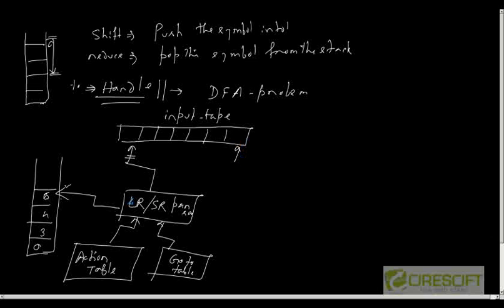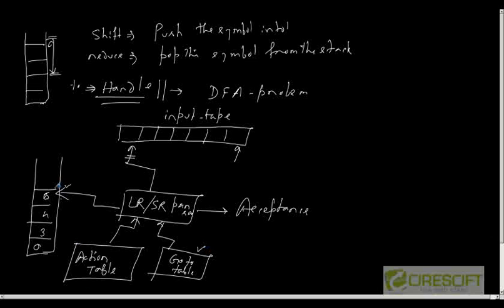It terminates and accepts the input string when the stack contains only the starting non-terminal S. Then only it generates acceptance. Otherwise it rejects and gives a syntax error. So this is the overall architecture of an LR or shift reduce parser. You have a stack of states, an input tape containing the input string, and two tables called the action table and goto table.